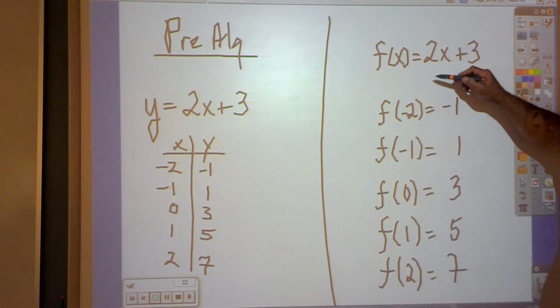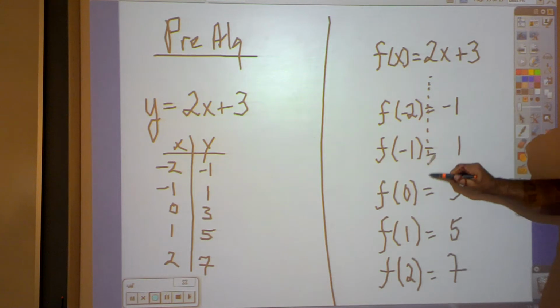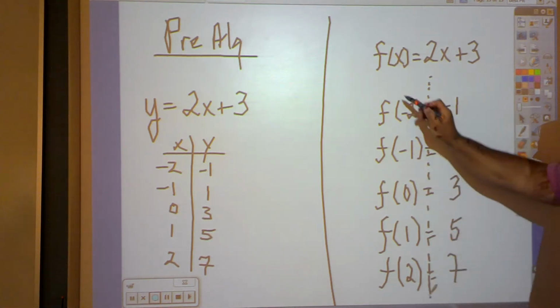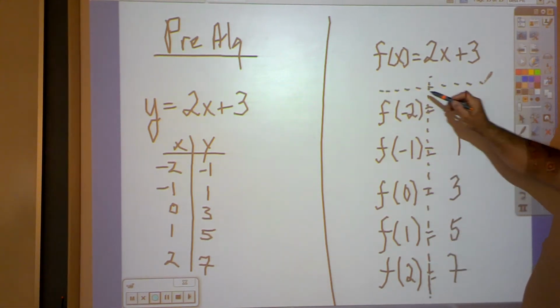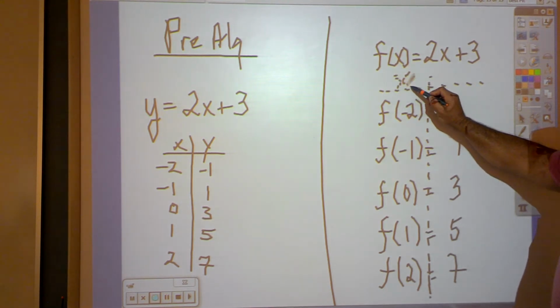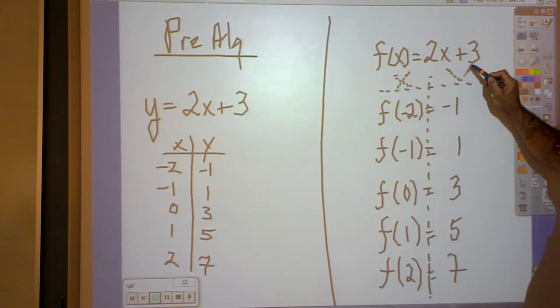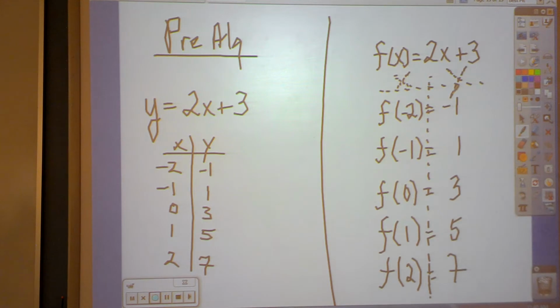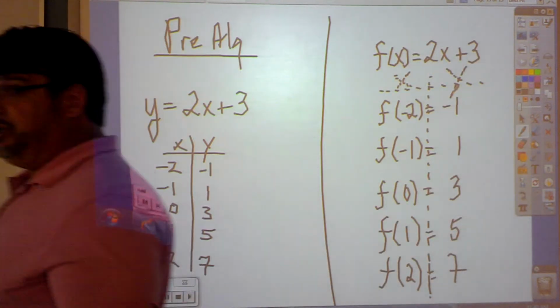Somebody tell me, what is the difference in what you did in pre-algebra and what you did just now? It ain't no different. In fact, you did the domain and range back in pre-algebra.